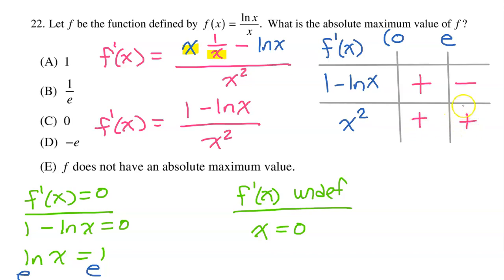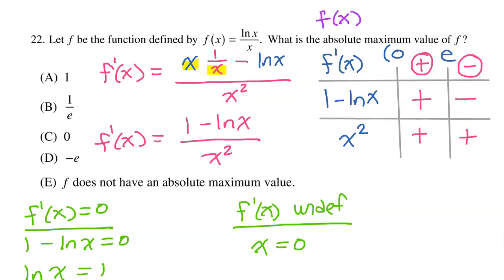So we have this. What about the overall sign of f prime? In the first interval, we have a positive divided by a positive, so that's going to be positive. In the second interval, we have a negative divided by a positive, so that is going to be a negative. The fact that f prime is positive between 0 and e means that f of x is increasing between 0 and e.